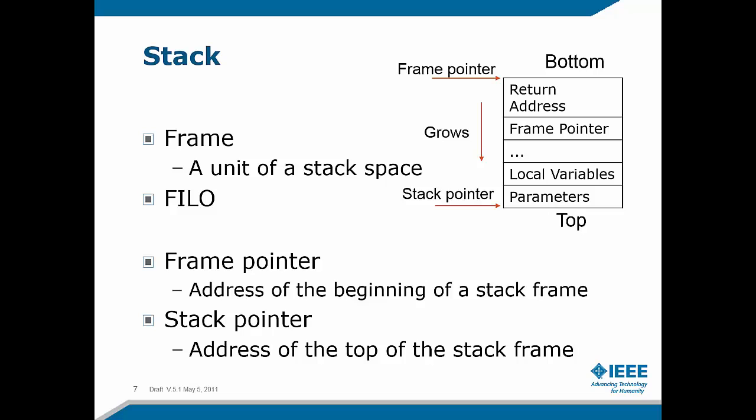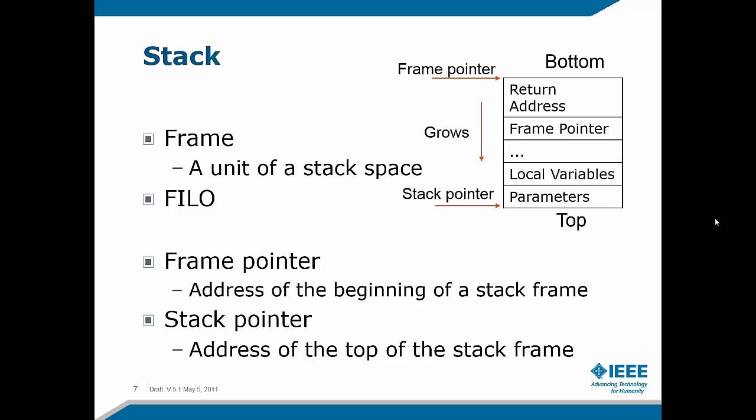We use the term frame when we're talking about a stack, and a frame refers to a unit of stack space, and it gets created whenever, for example, a function call is made. There is one frame created for that particular function call. If there's another function call, another frame gets created, and so on. The frames are added to the memory in a FILO fashion. FILO stands for first in, last out.